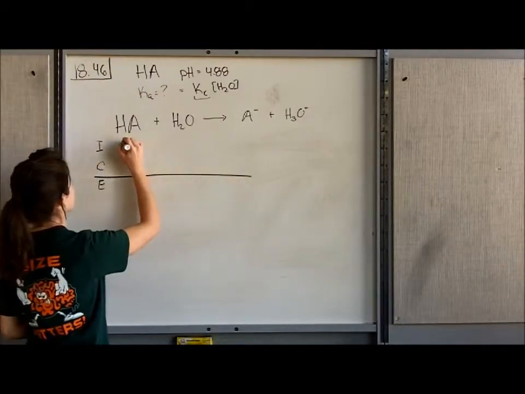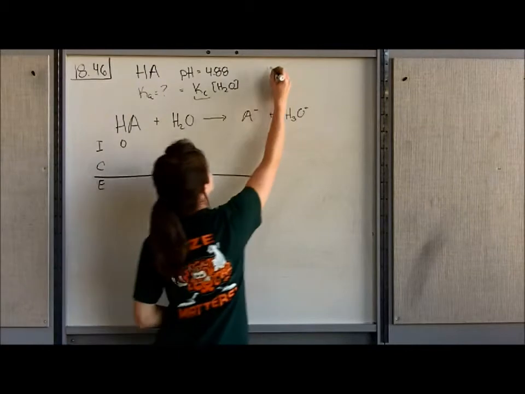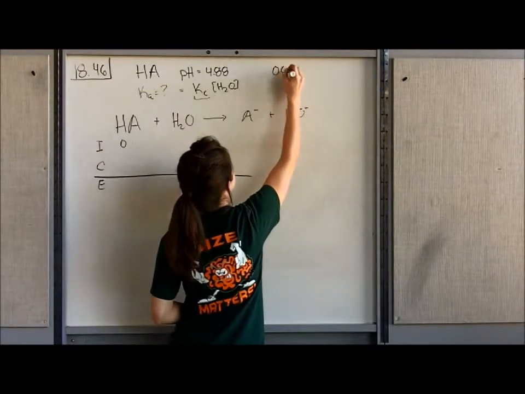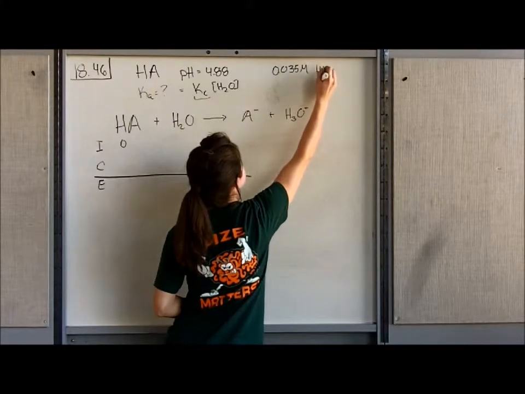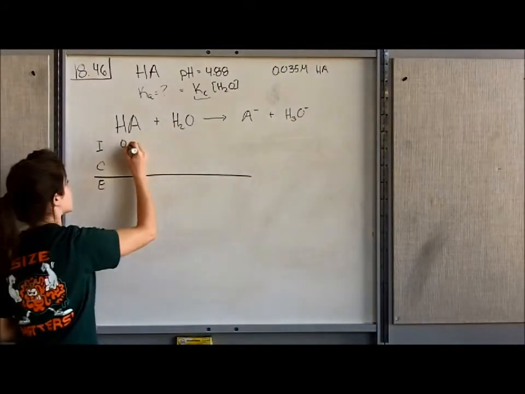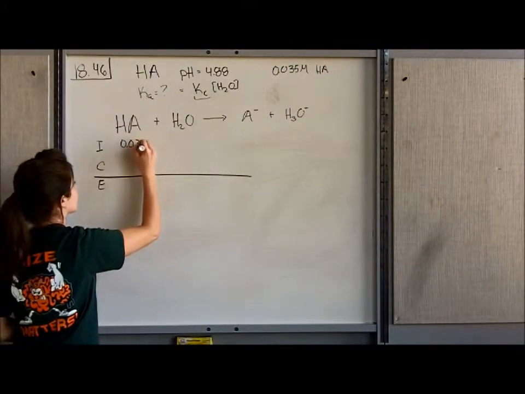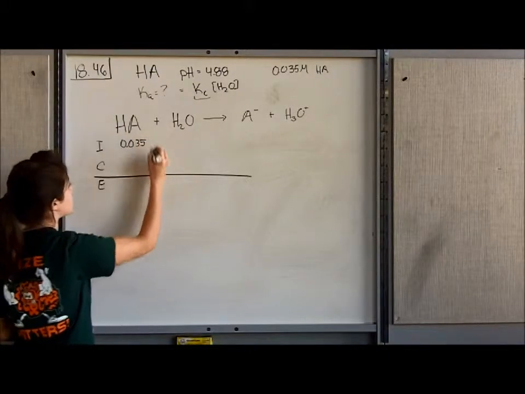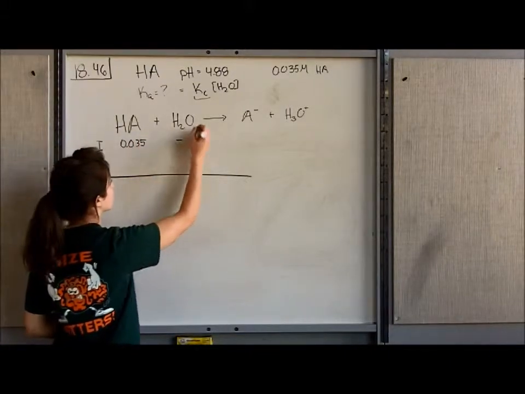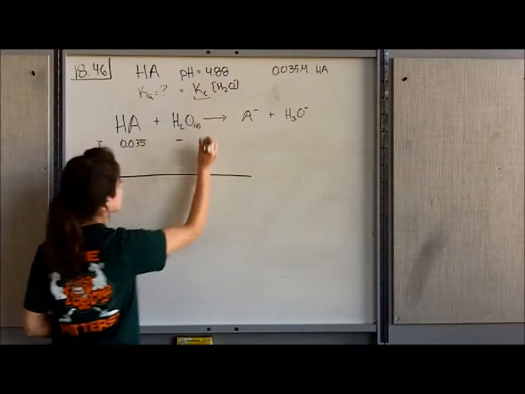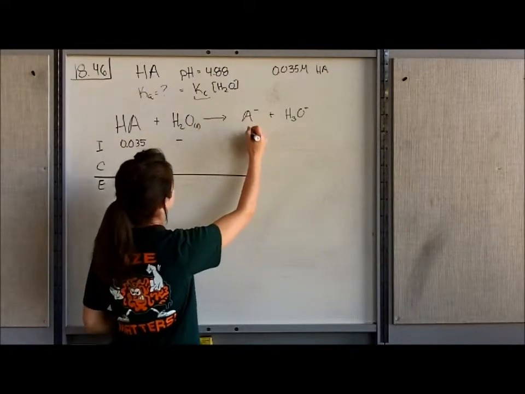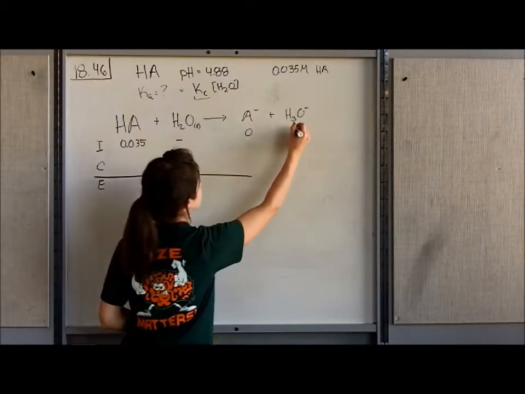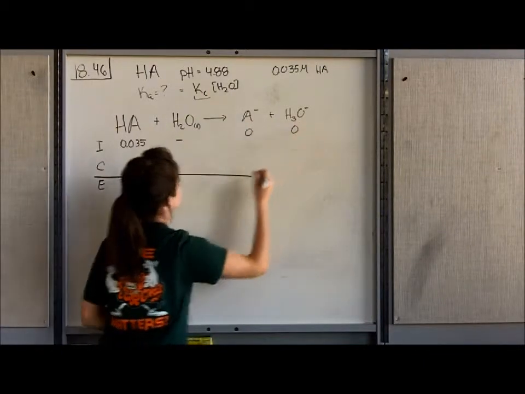So the initial value that we're given is 0.035 molarity of our acid. So we're going to put that as the initial value, 0.035. And then water we're going to leave blank because that's a liquid. And then your ion over here is going to be 0 to start with, and your H3O is going to be 0 as well.